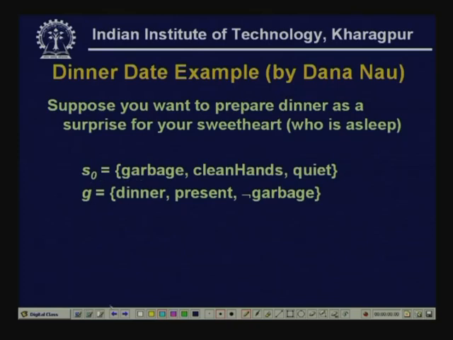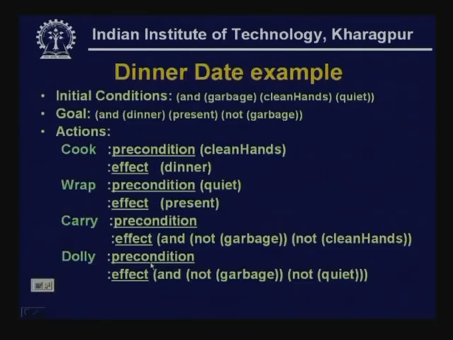There is garbage, hands are clean and it is quiet. So, garbage, clean hands, quiet is characteristic of the initial state, and your goal is to prepare dinner, have a present, and there should be no garbage. So, dinner and present and no garbage, this is the goal condition.